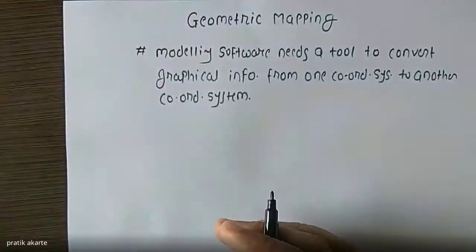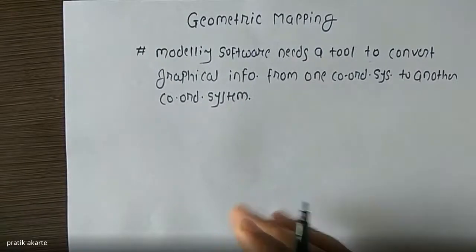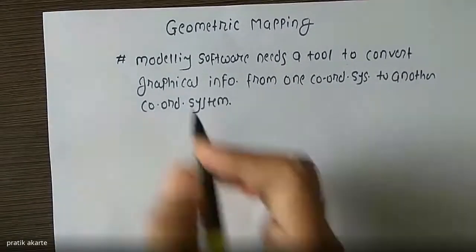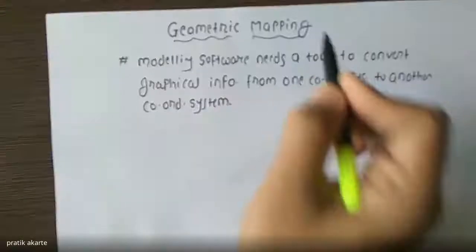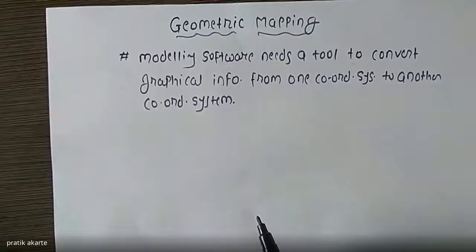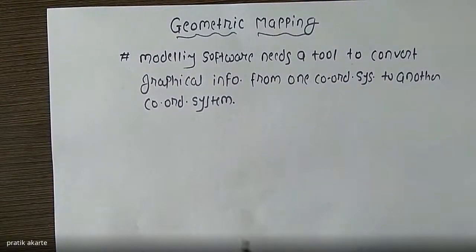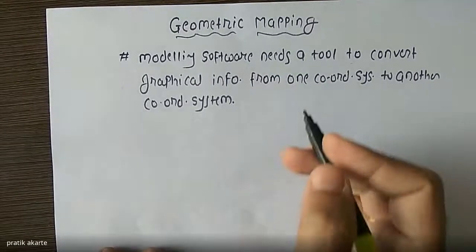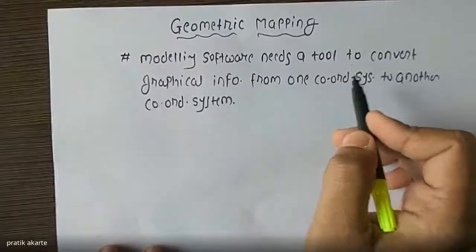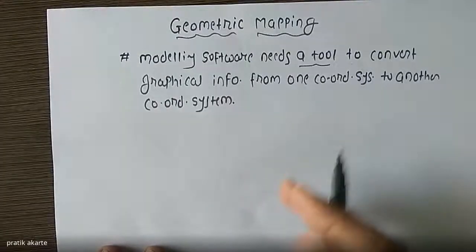This is a very, very important statement as far as geometric mapping is concerned. So what does it mean? Modeling software needs a tool to convert graphical information from one coordinate system to another coordinate system.